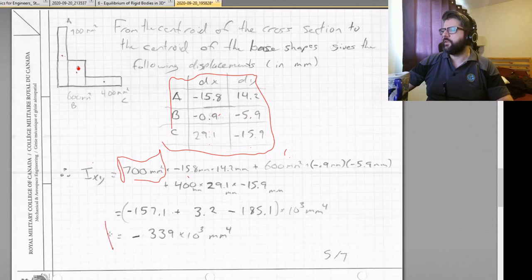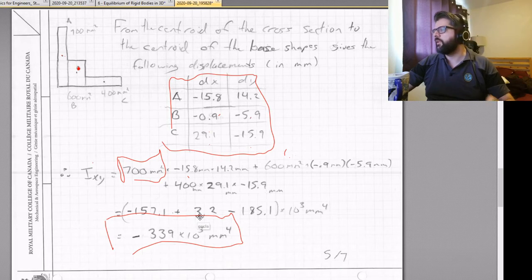That gives you your Ixy, which in this instance works out to be negative 339 times 10 to the 3 millimeters to the 4th.